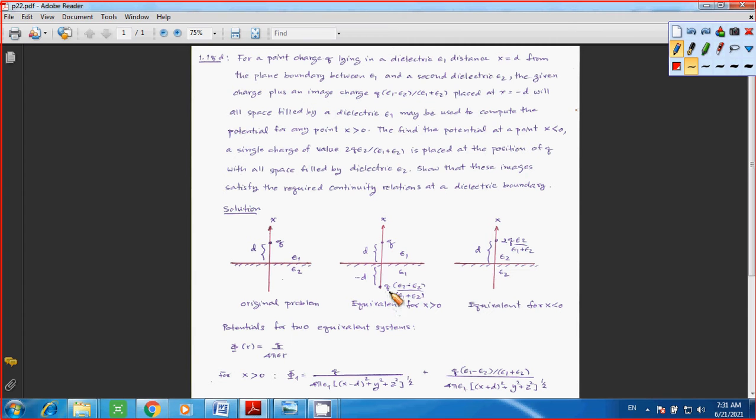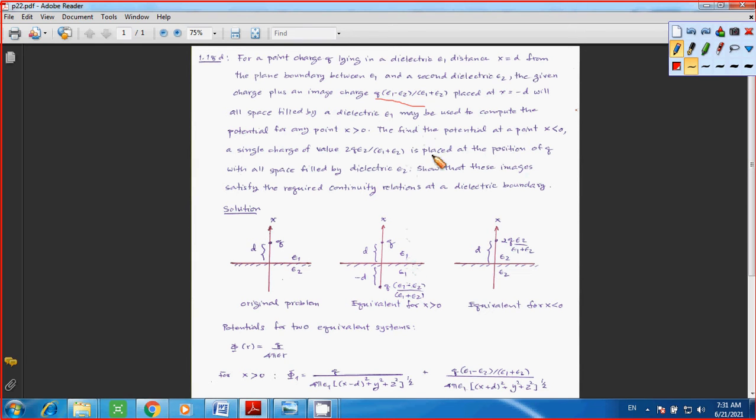So you have a q prime at distance negative d from the boundary, and q prime equals q times epsilon 1 minus epsilon 2, divided by epsilon 1 plus epsilon 2, with permittivity epsilon 1.